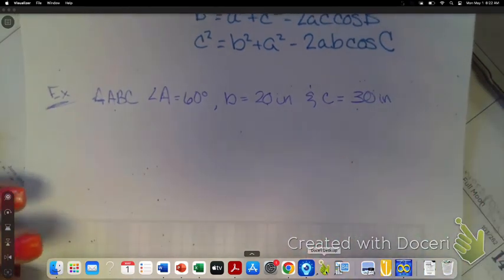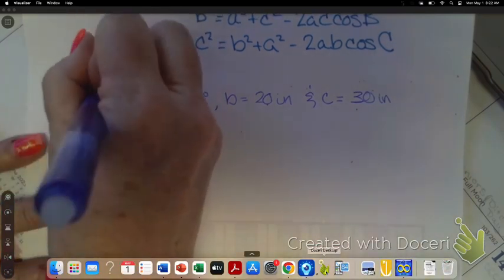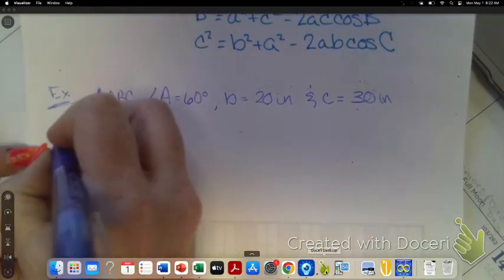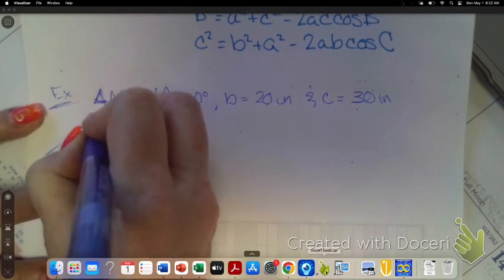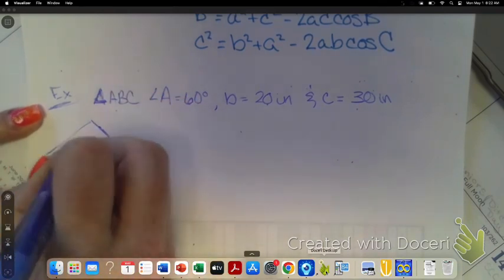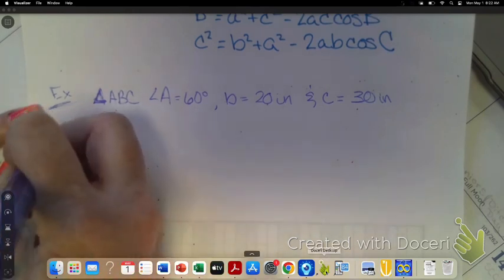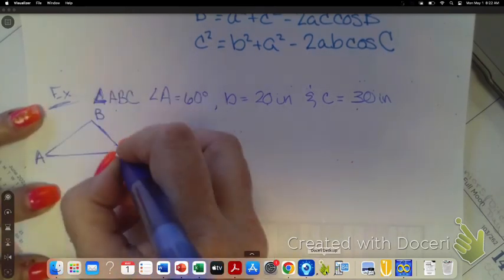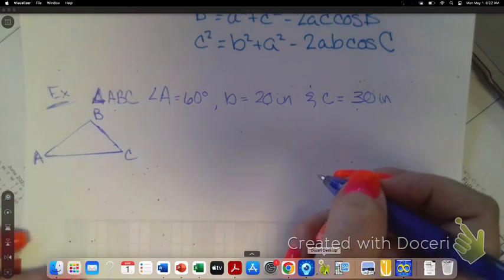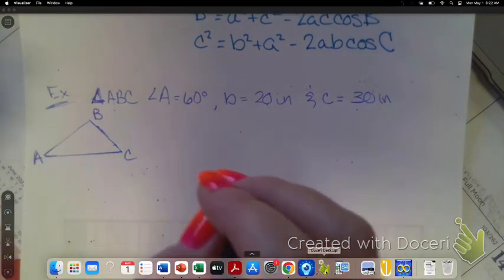So first thing, draw a what? Triangle. Now, on your test, I obviously am not going to tell you which law, sines or cosines, to use, correct? So when you do your triangle, is it really important to make sure you label it right?